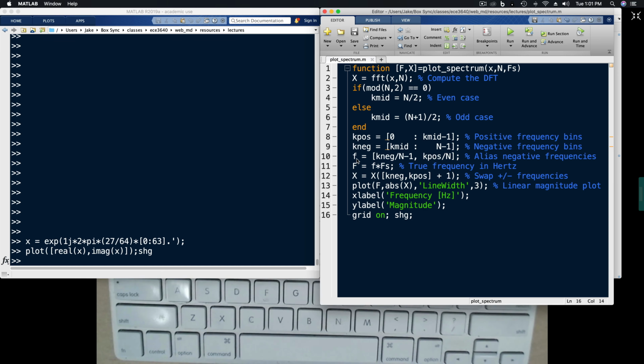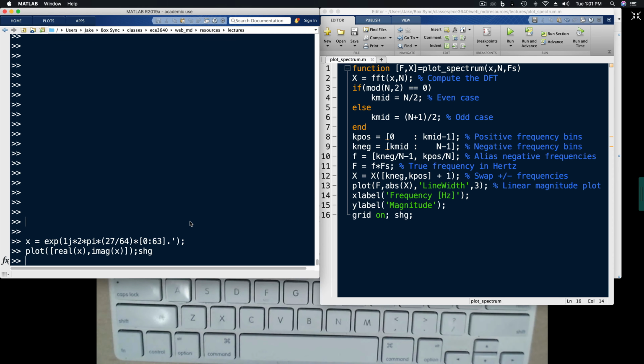Create a normalized frequency vector with a little bit of aliasing on the negative frequencies, as you see here. This is not dividing by n-1, it's dividing by n, and then taking those frequencies and subtracting 1. That's the aliasing step. Then we multiply by the sampling rate to construct a vector of frequencies in hertz. Here we're swapping the two halves of the transform so that negative frequencies are on the left, positive frequencies on the right, adding 1 to make MATLAB happy, and the rest of this is just plotting code.